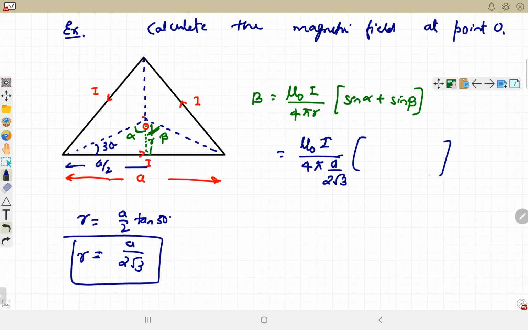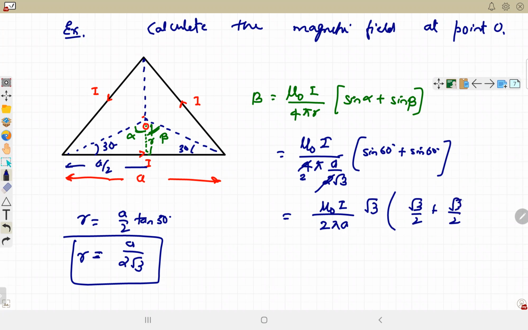What is the value of alpha and beta? 60 degree. 60, 60. This is 30, 30, so it becomes 60, 60. Sin 60 plus sin 60 become root 3. Sorry, root 3 by 2 plus root 3 by 2 become root 3. Mu naught I upon 2 pi a, one root 3 from below and root 3 by 2 plus root 3 by 2 becomes root 3, so that is 3 times mu naught I by 2 pi a.